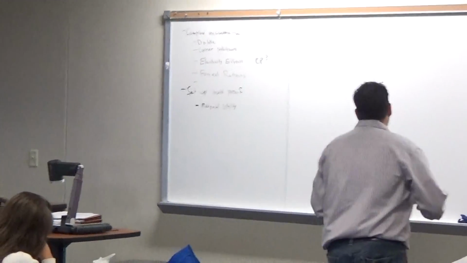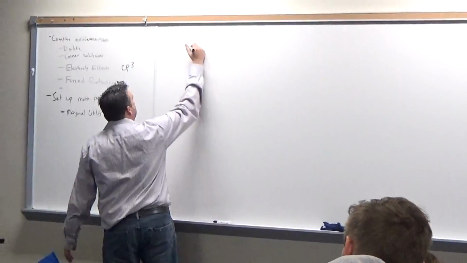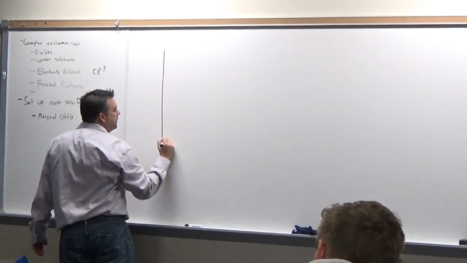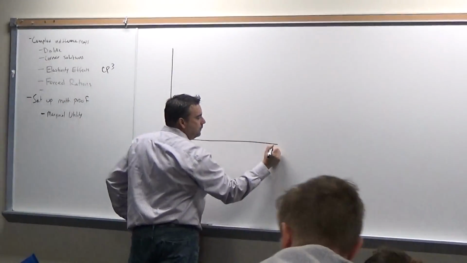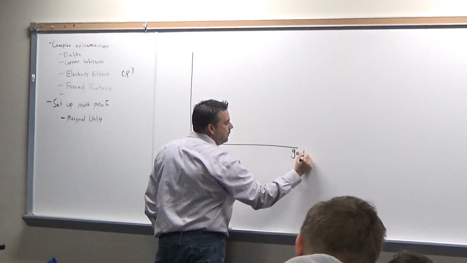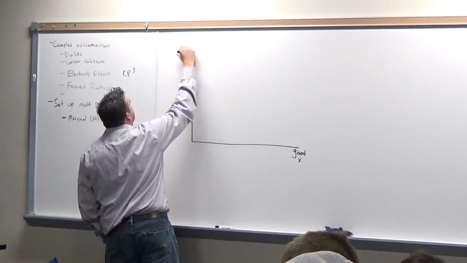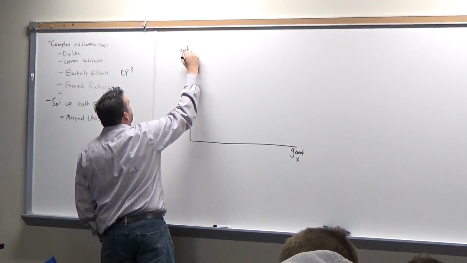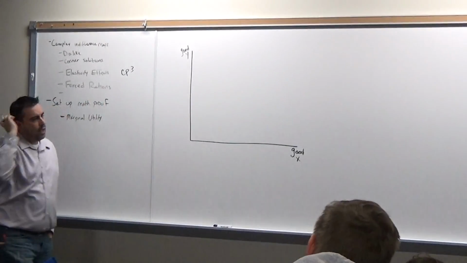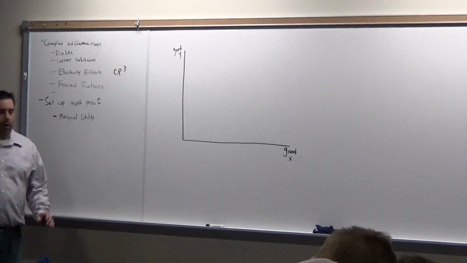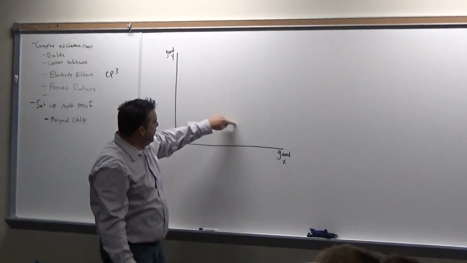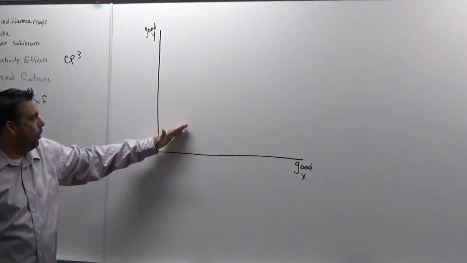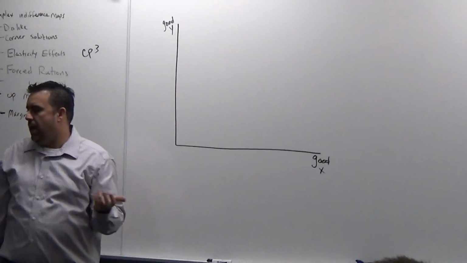So if we have any two goods, I just use X and Y. That's what I used a lot. Remember, before, our utility curves curled like this, so the bow pointed to the origin.